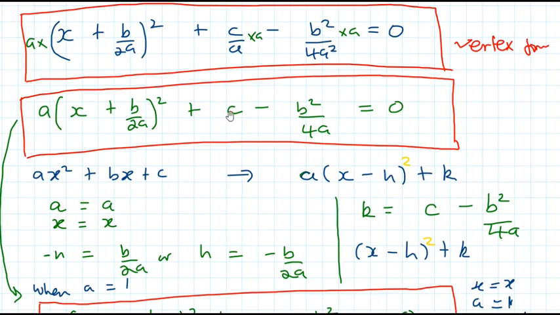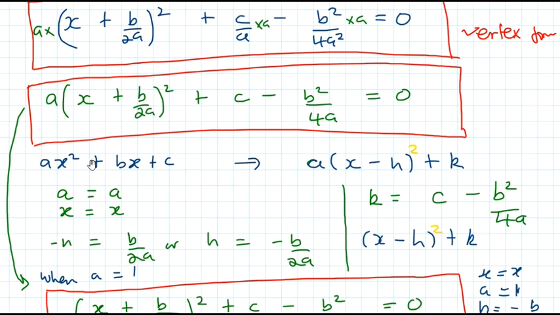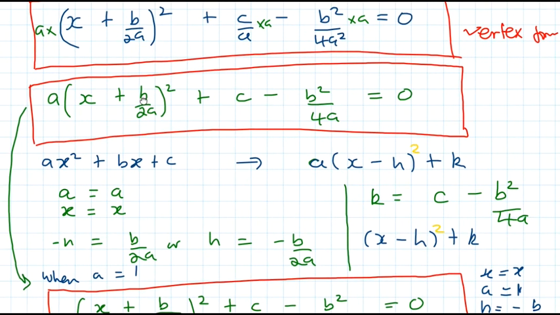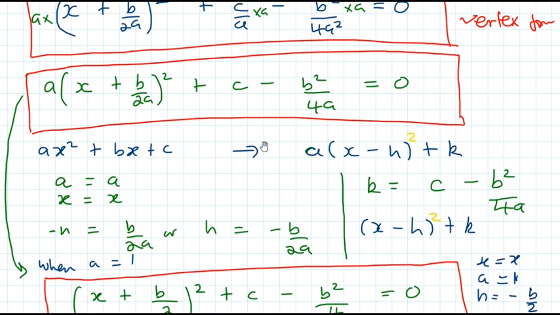Where I was converting from the standard form to the vertex form of this kind. So when I completed the square for this form to this vertex form, I had to compare these two vertex forms. When I compare, a and a are the same, x and x are the same, and h is the same as minus b over 2a, and k is the same as c minus b squared over 4a.